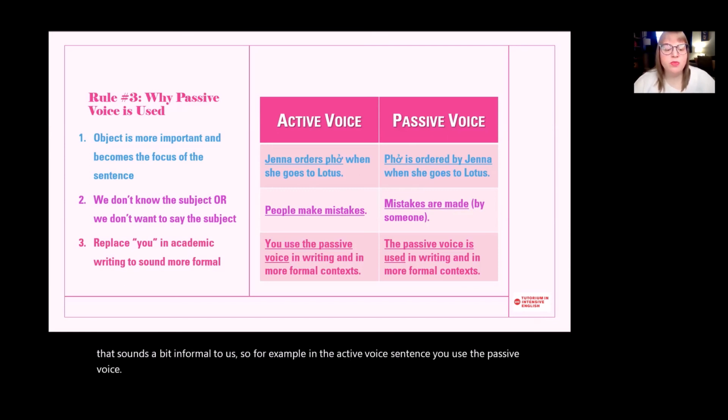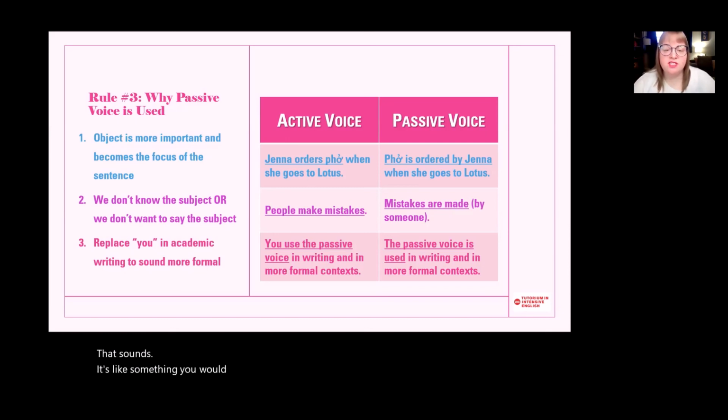That sounds like something you would say in a conversation with someone. But if you are writing, we can say the passive voice is used. Just another way to change up our language a little bit.